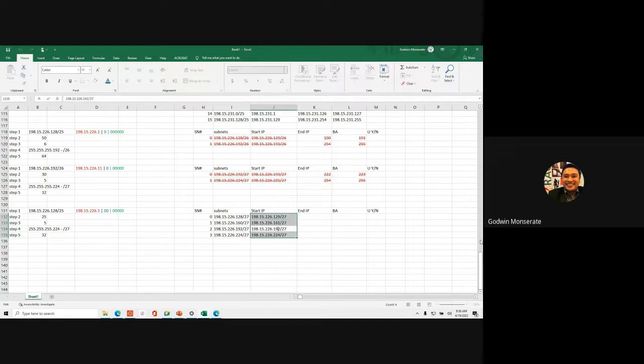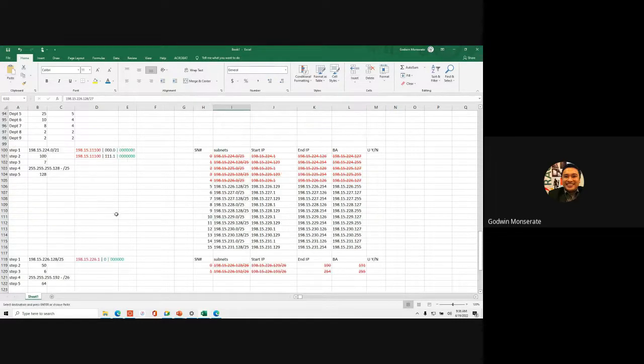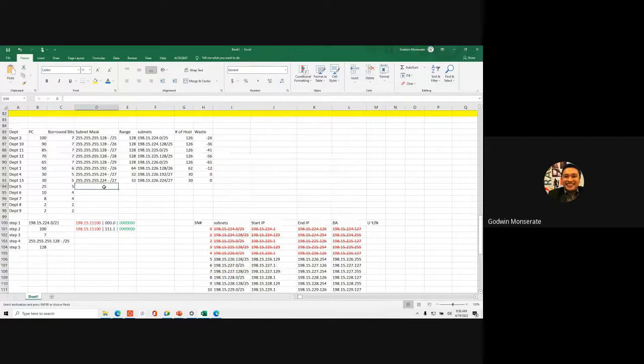This is 193. This is 225. Okay. So this one is 159. 158. This one is 191. This is 190. This one is 223. This is 222. This one is 255. This is 254. Okay?